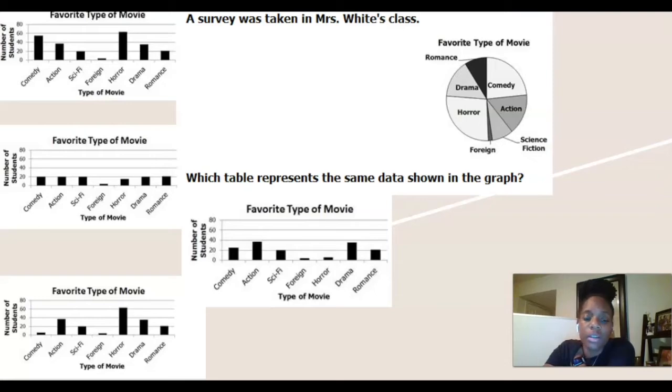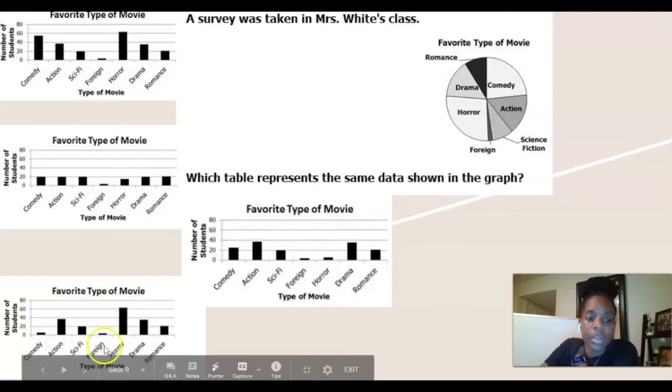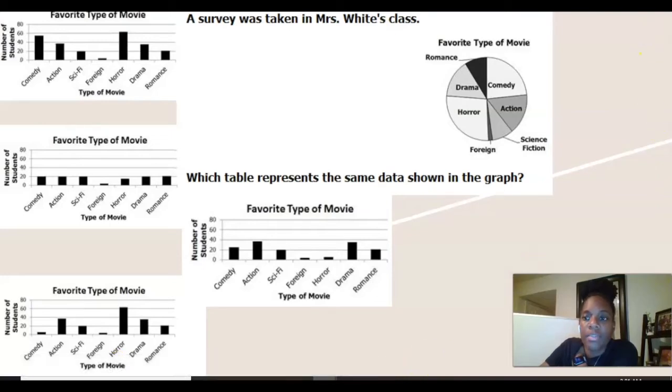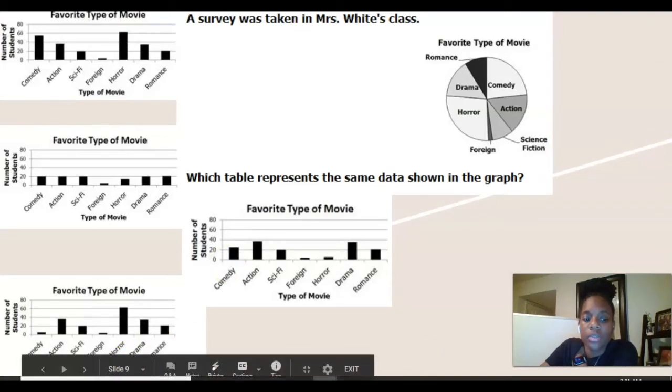Now, there's one we can automatically eliminate because it says that they're all equal to each other with the exception of foreign movies. So I would put an X on this here because all of them are not equivalent to each other, right?